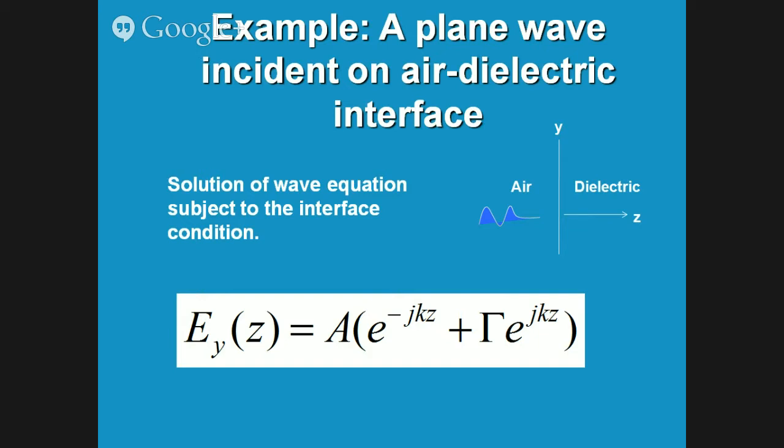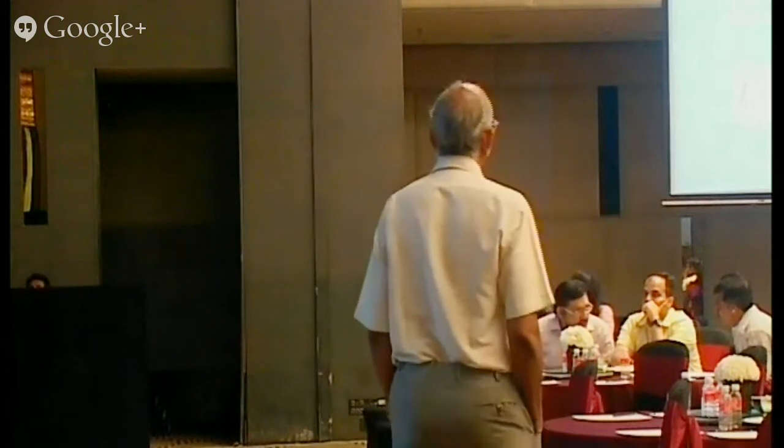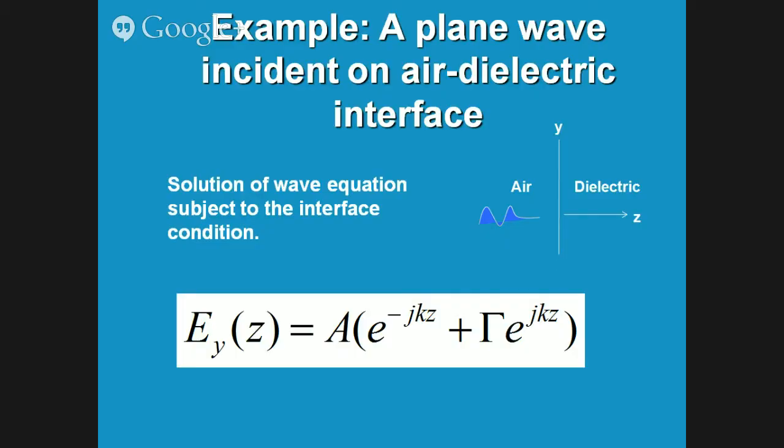What I was trying to say is that in analytical methods, one needs to know the physics of the problem. For example, here we know there is an incident wave and there is going to be a reflected wave. And we know the expected form of the solution: for a plane wave, it has to be e raised to the power minus jkz, and the other one is the reflected wave with the exponential jkz.